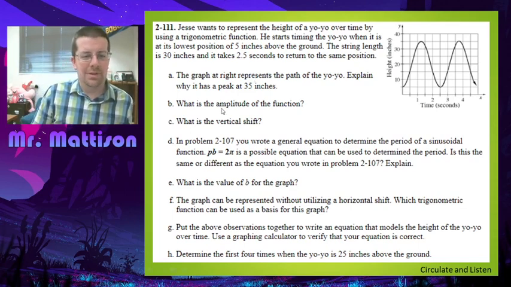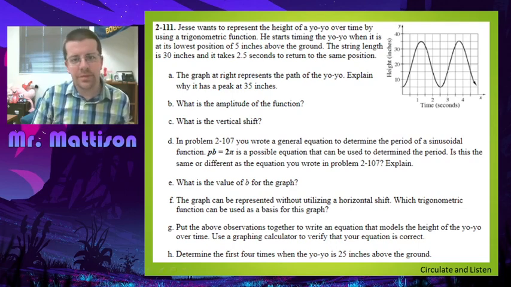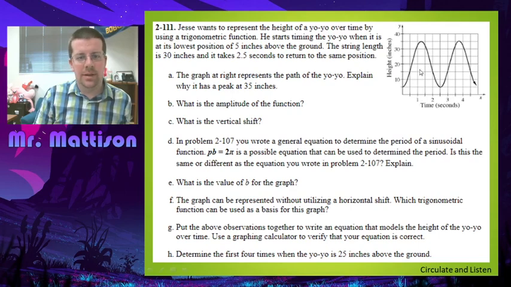So what's the amplitude of this function? Well, if it's 30 from the bottom to the top, our amplitude is half of that, or 15. Our vertical shift, well, it's 5 to the bottom. Our amplitude is 15, so 5 plus 15.